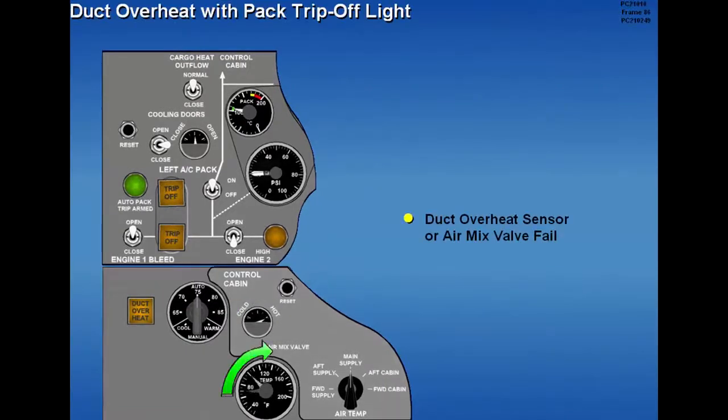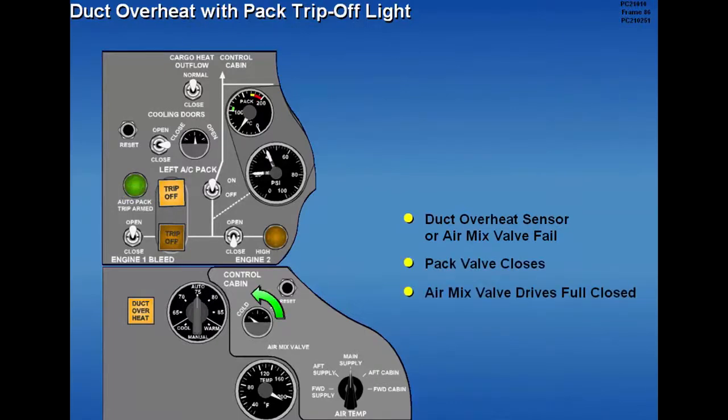Should a duct overheat sensor or air mix valve fail, and the air temperature continues to rise above the duct overheat value, the associated duct overheat and pack trip-off lights illuminate, the associated pack valve closes, and the air mix valve drives full cold.